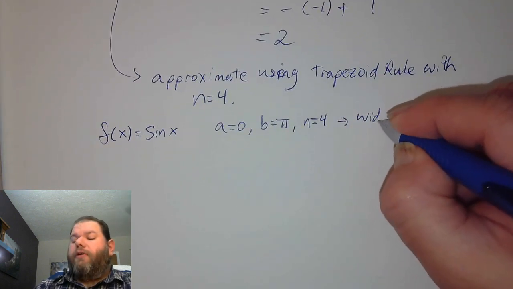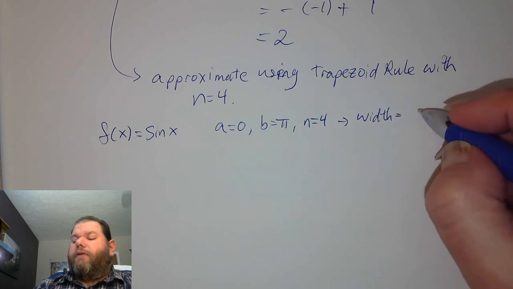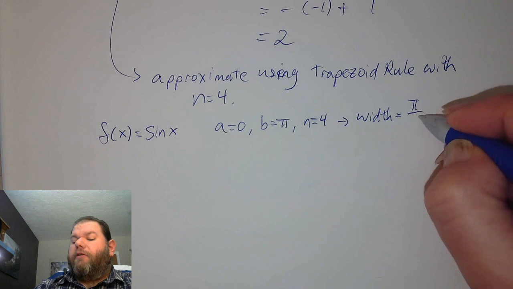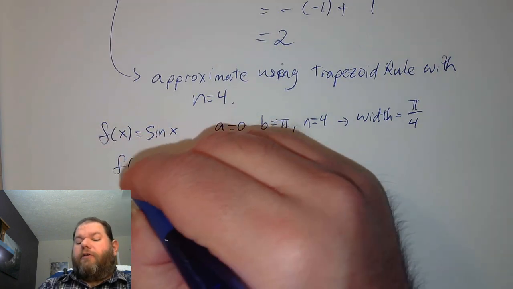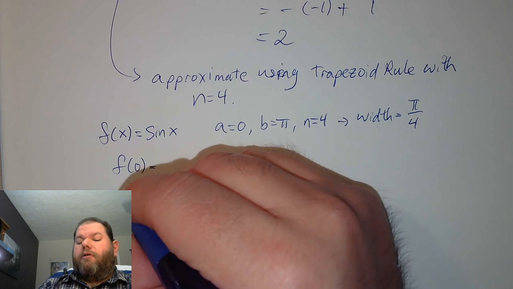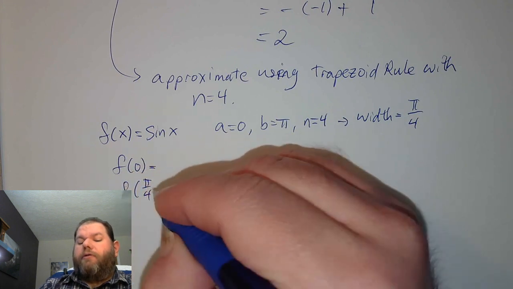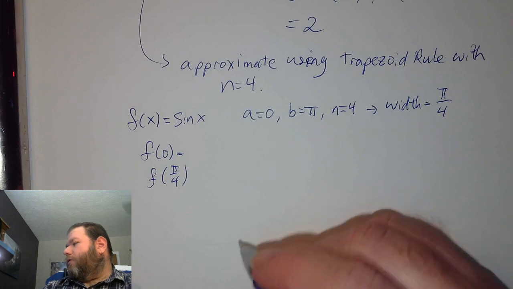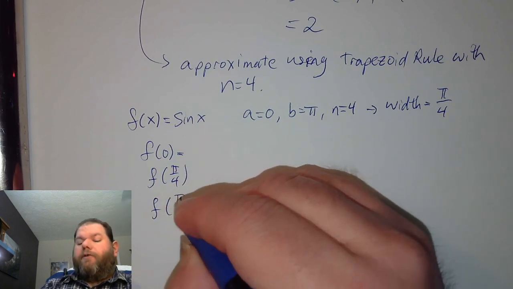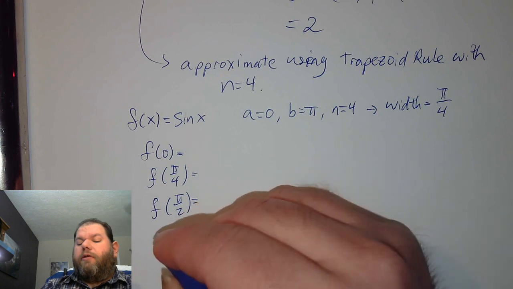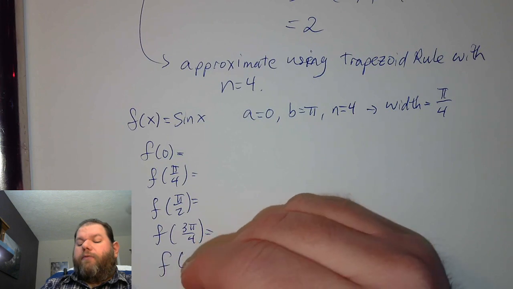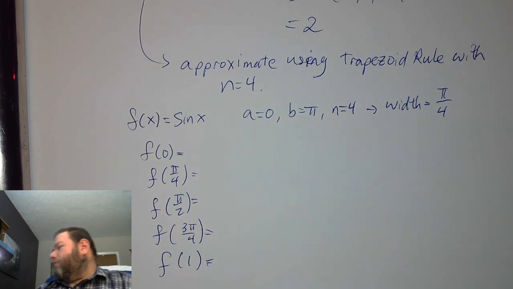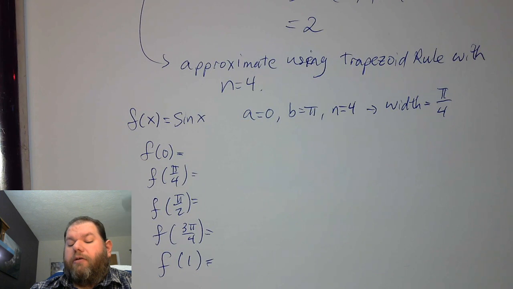So our width is pi minus 0 divided by 4, so pi over 4 is our width. So we need to start with f of 0, then we need f of pi over 4, f of pi over 2, f of 3 pi over 4, and f of pi.